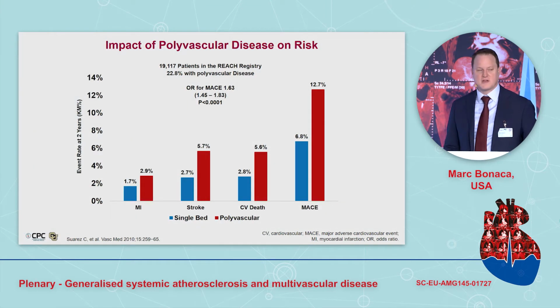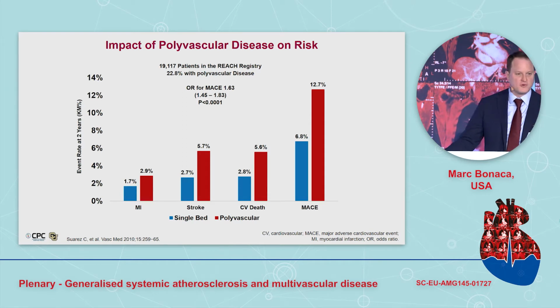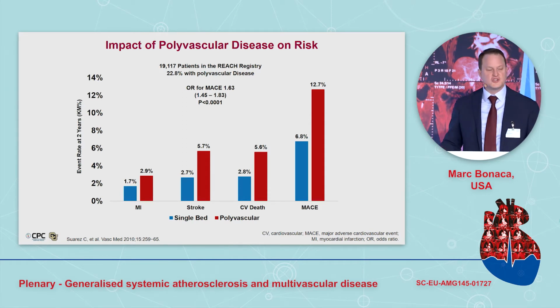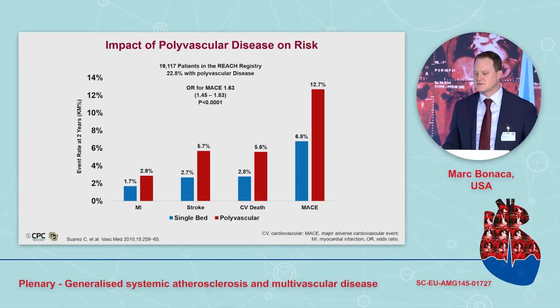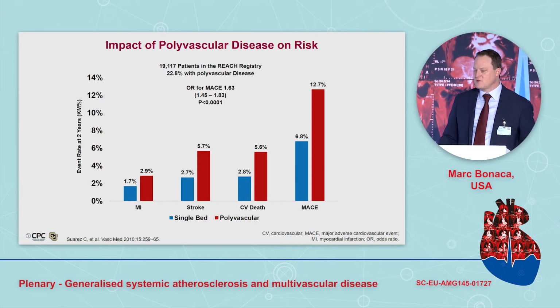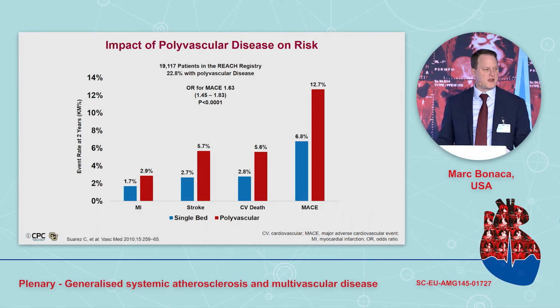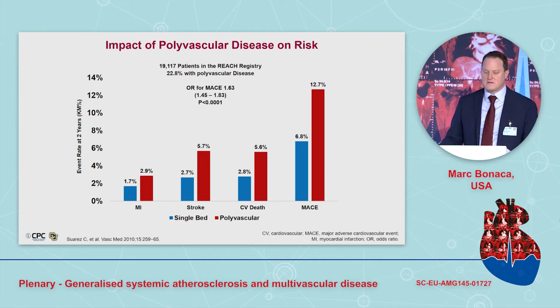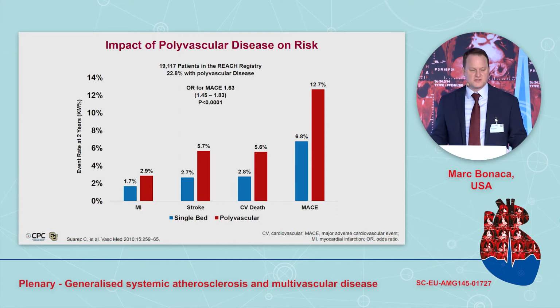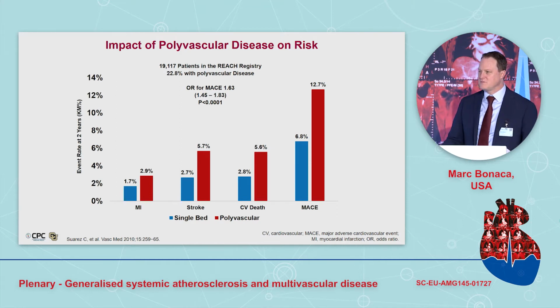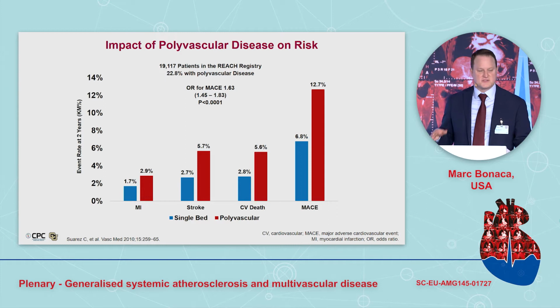So I want to begin with the observation from registries, from real-world data. This is the REACH registry, about 20,000 patients, that the number of symptomatic vascular territories is an important risk stratifier. Now, I learned as a cardiology fellow from Peter Libby, who told me that atherosclerosis is a systemic process.